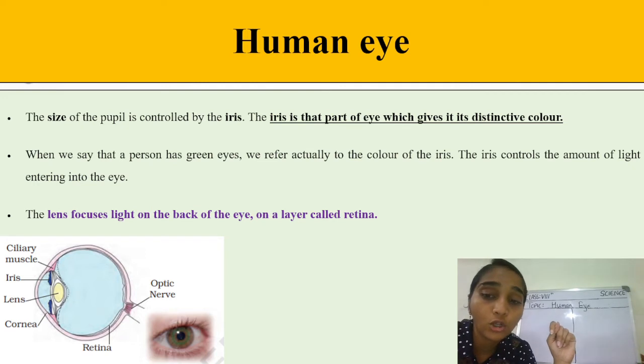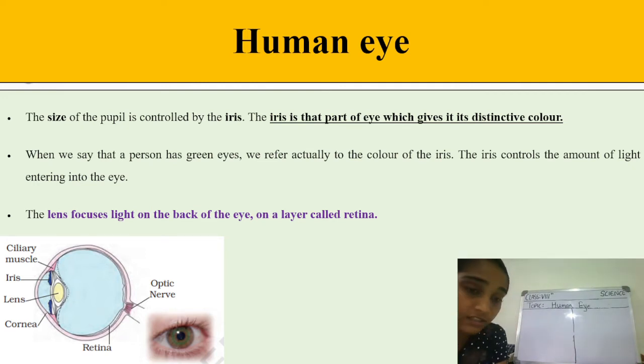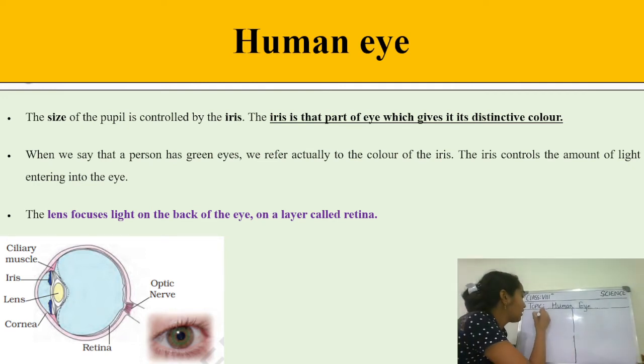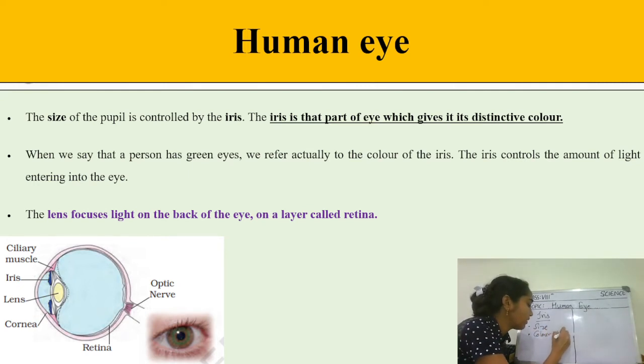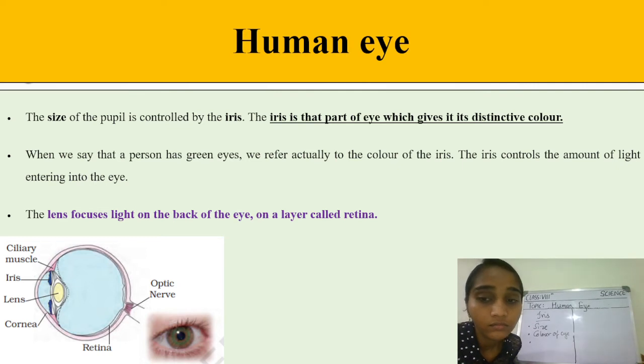And students, what is the iris doing? So basically, we are now discussing the iris. It has a relation with the color of the eye, and also it is controlling the amount of light, how much light should enter into our eyes.